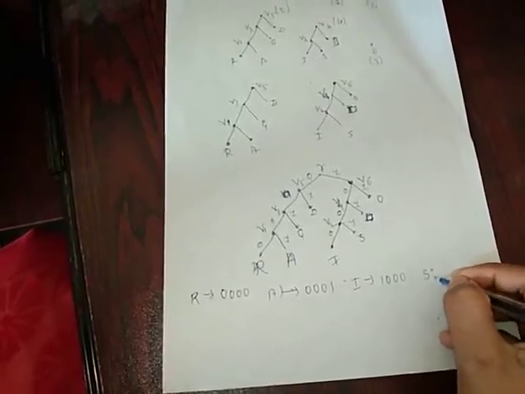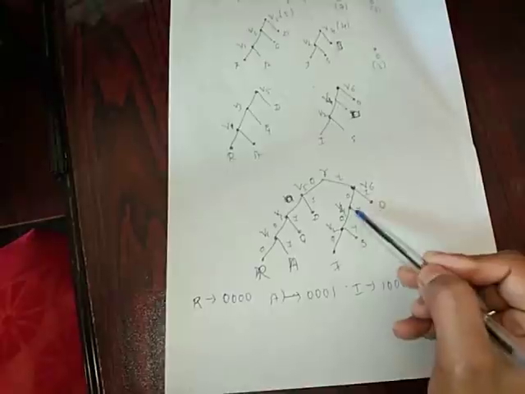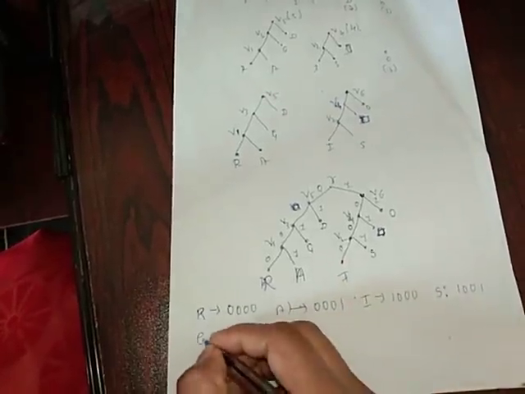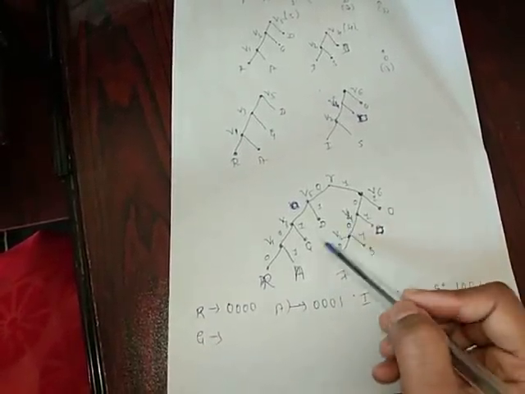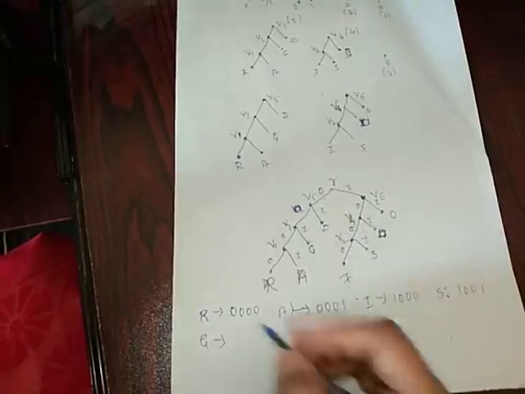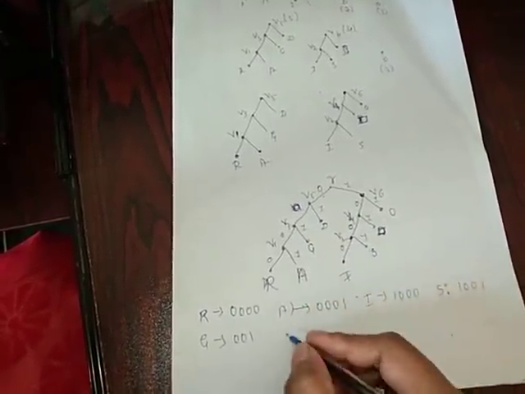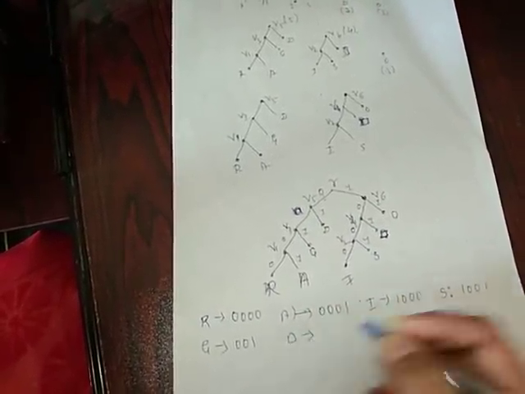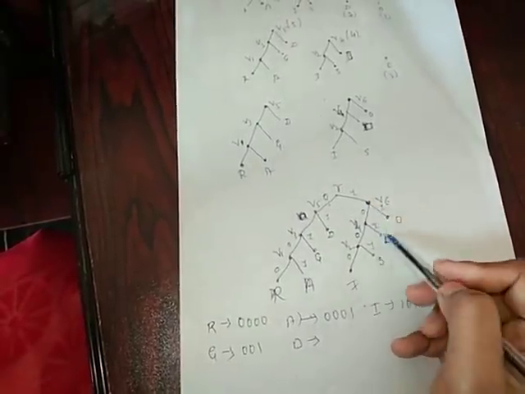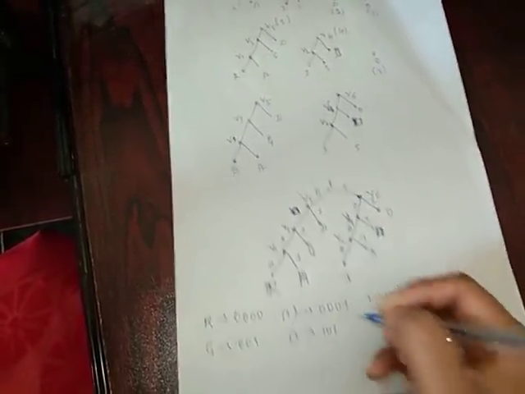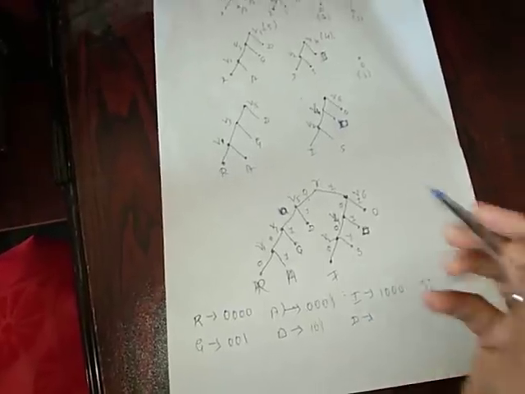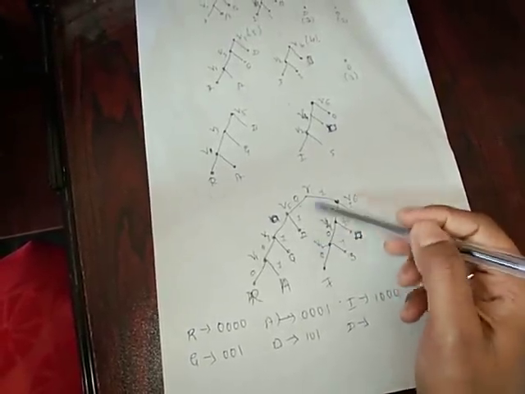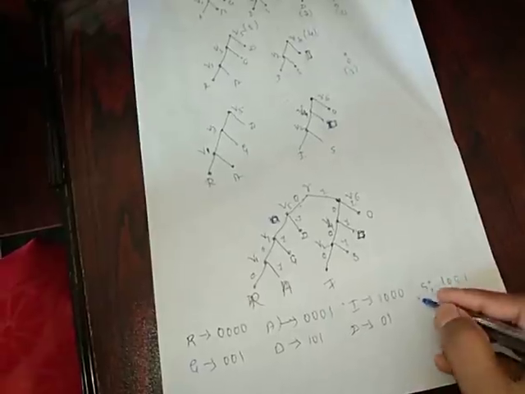For the S, 1, 0, 0, 1. For the G, 0, 0, 1. For the blank space, 1, 0, 1. For the D, 0, 1. For the O, 1, 1.